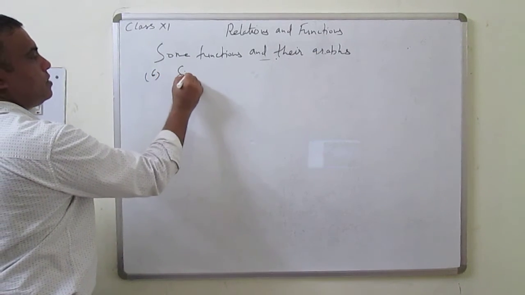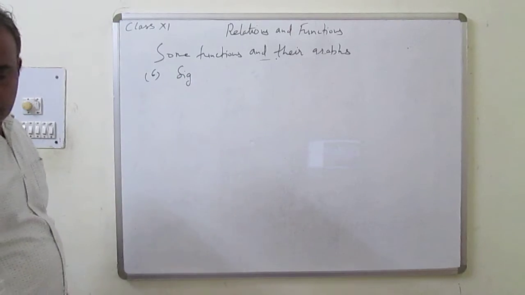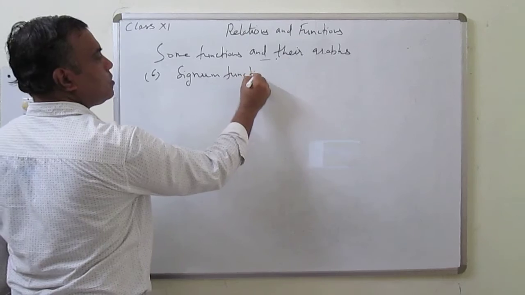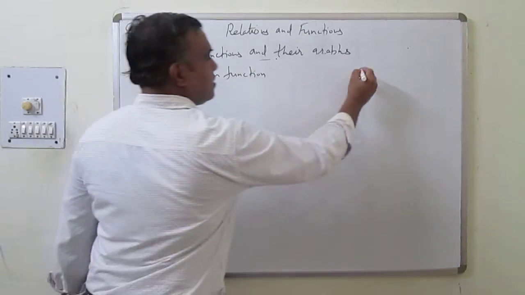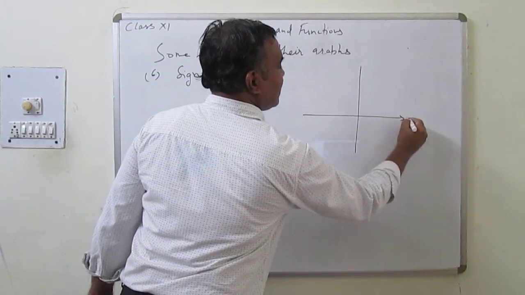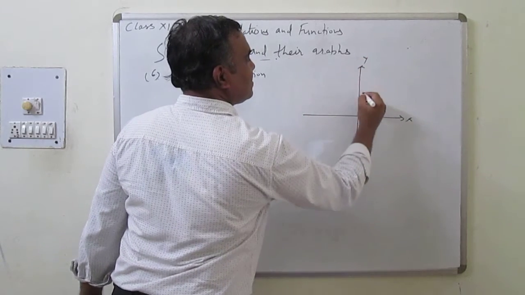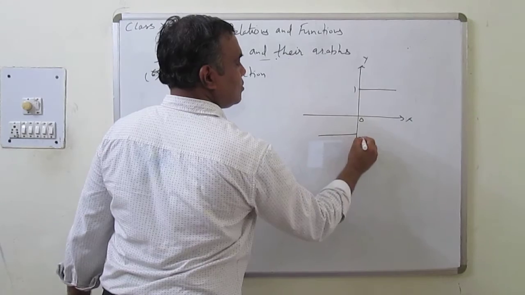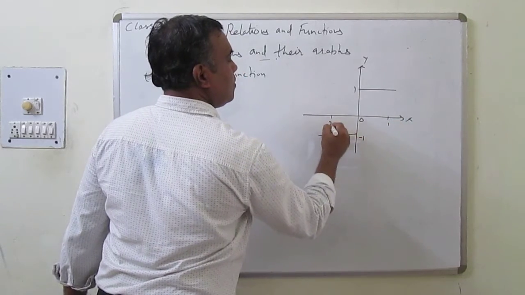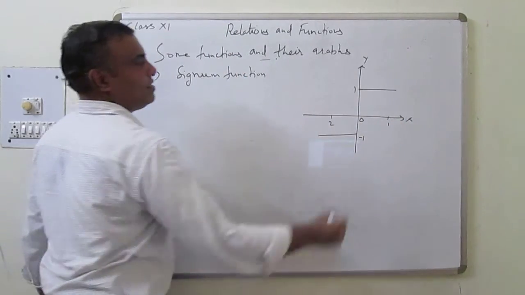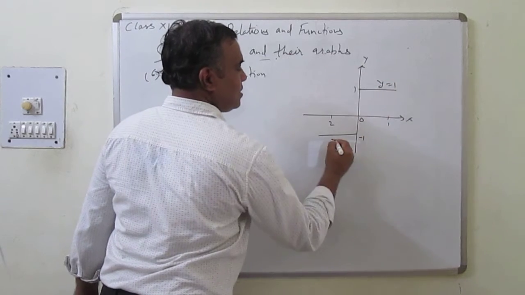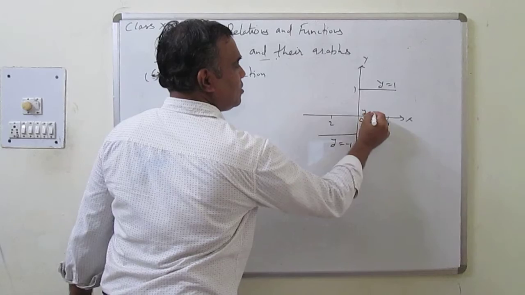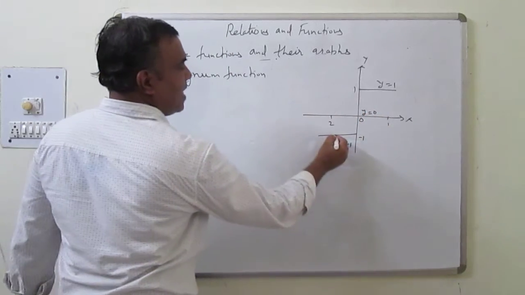Sixth, the signum function. The graph looks like this: x axis, y axis, this is 0, this is 1, this is minus 1, 1, 2. Here you see that this is the line y is equal to 1, this is the line y is equal to minus 1, and this is y is equal to 0. But x is changing.